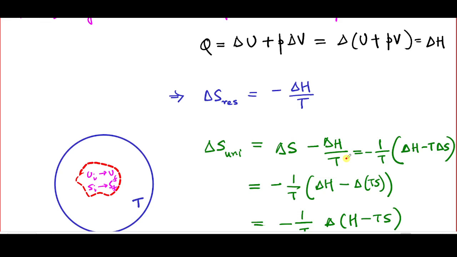So Q, the heat flowing into our system, is given by the change in U plus PV. Note that P being a constant can move into the delta, and this of course is H. So in this case, as we have already seen earlier also, the heat absorbed is given by the change in the enthalpy and not the change in the internal energy.